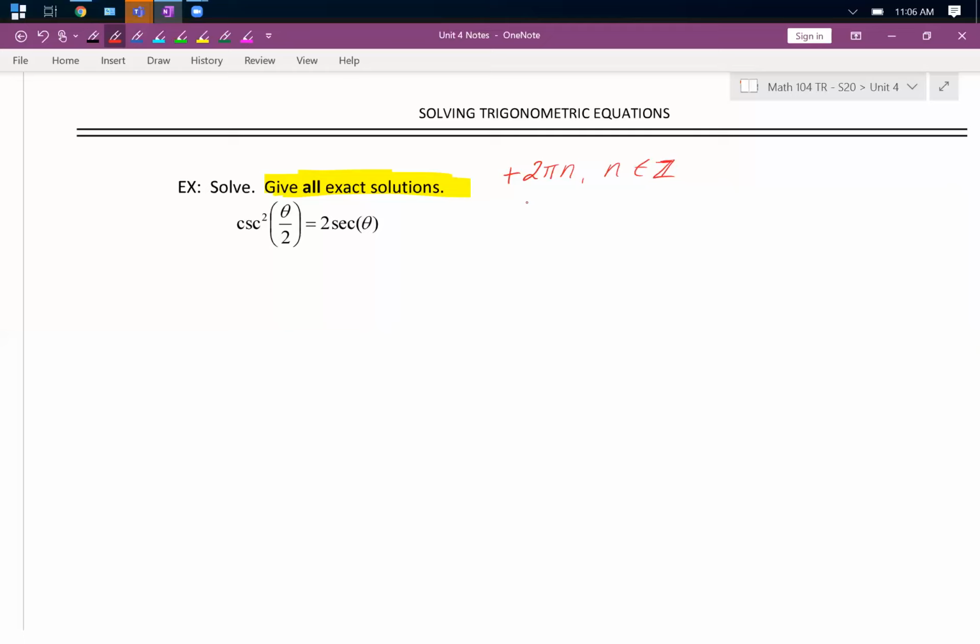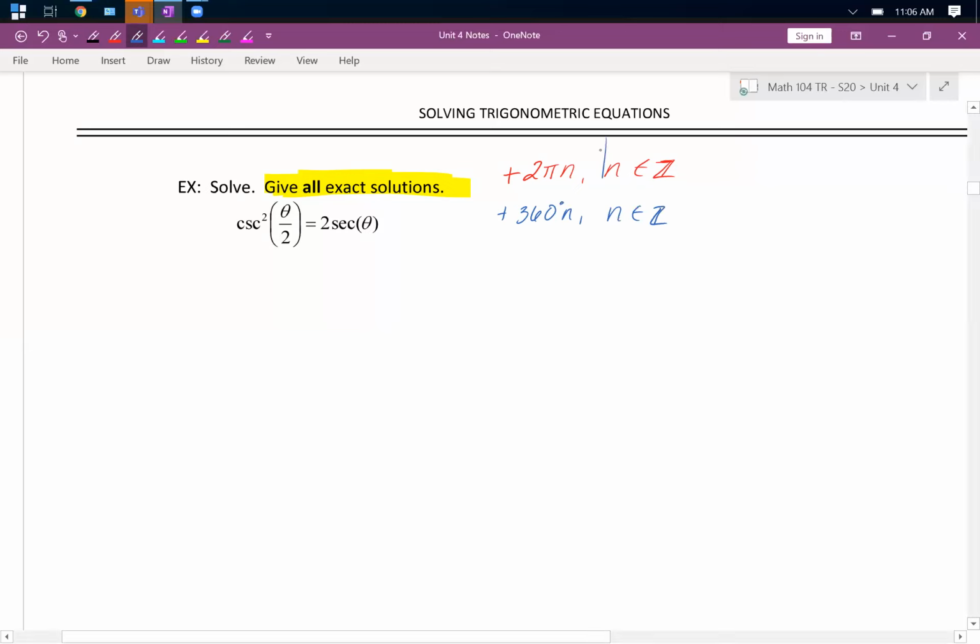If we were asked to give our answer in degrees, we would write plus 360 degrees n, where n is an integer. You're going to have to add that in anytime those are the directions.